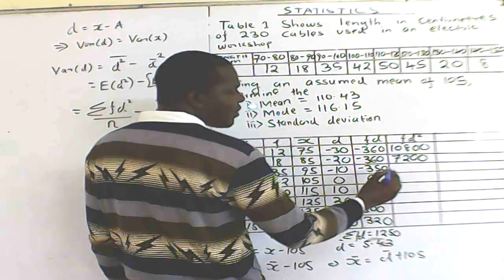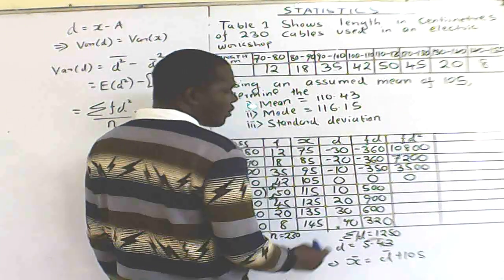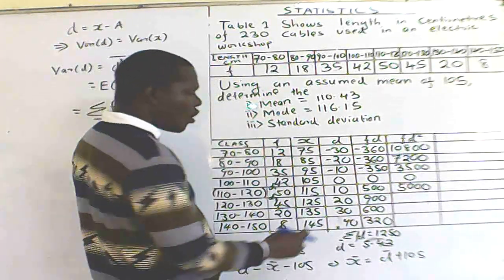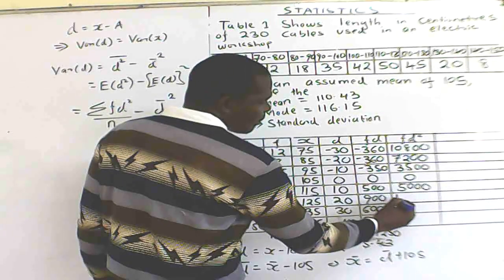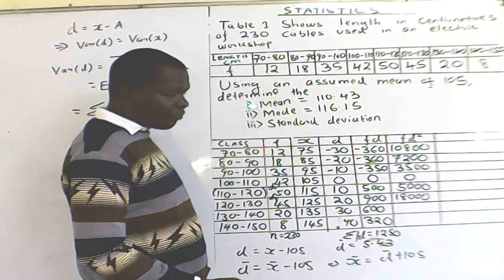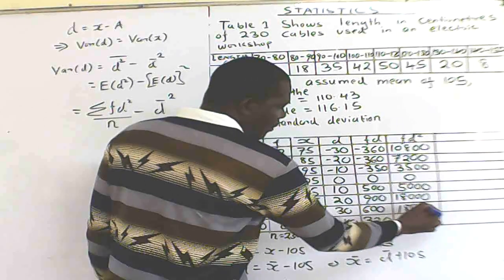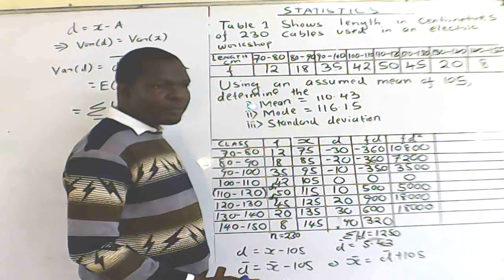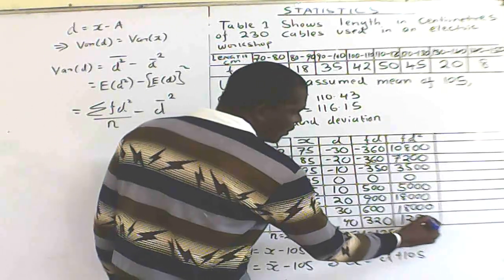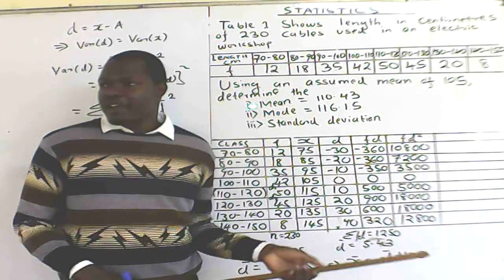Negative 10 times negative 350, 3,500. 0 times 0 is 0. 10 times 500, 5,000. 20 times 900, 18,000. 30 times 600, 18,000. Then 40 times 320, 12,800. So we found all the fd squared. Fd times d gives us the fd squared.